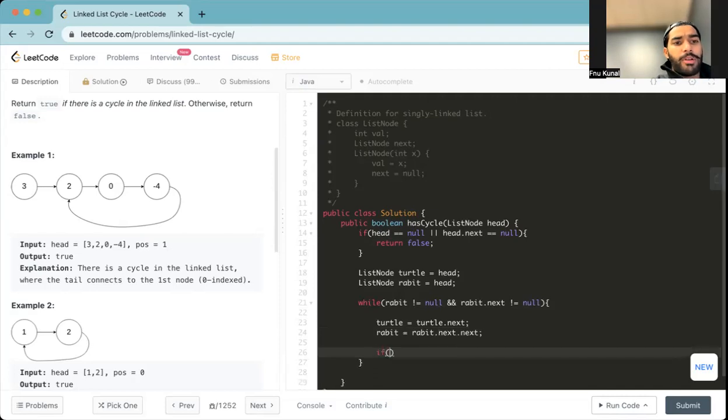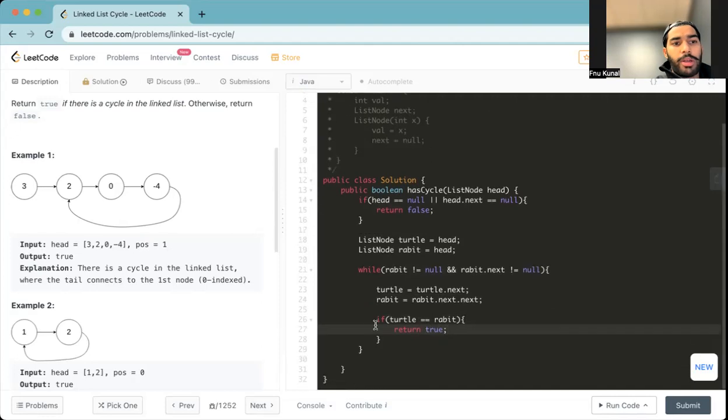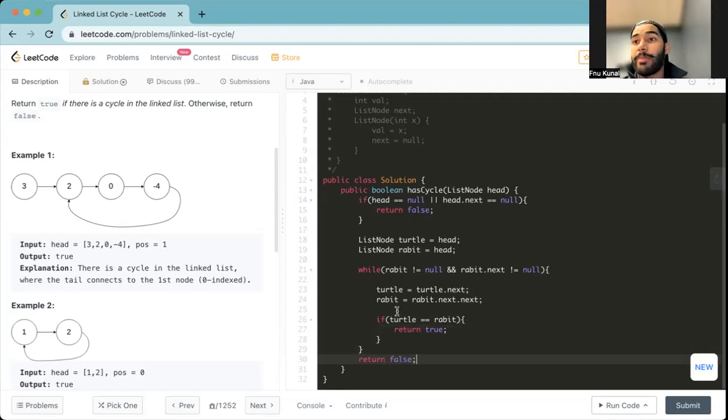If turtle meets rabbit, return true. Else, we are going to return false at the end. So we are returning true only when the turtle meets the rabbit.